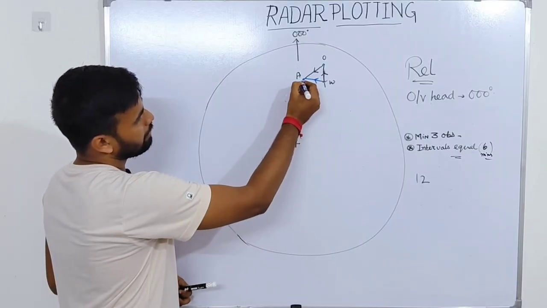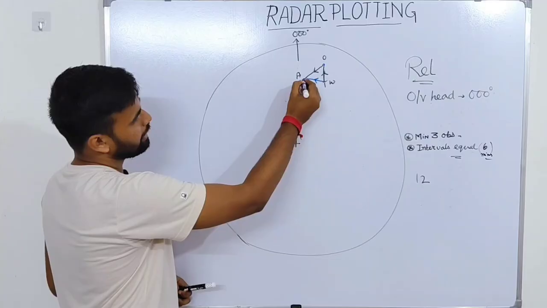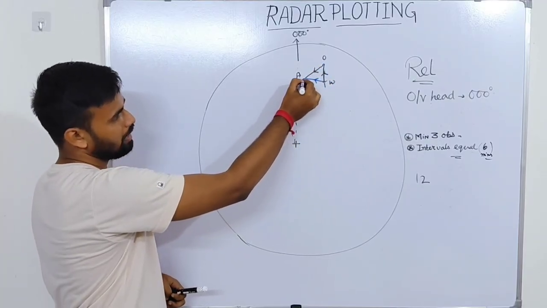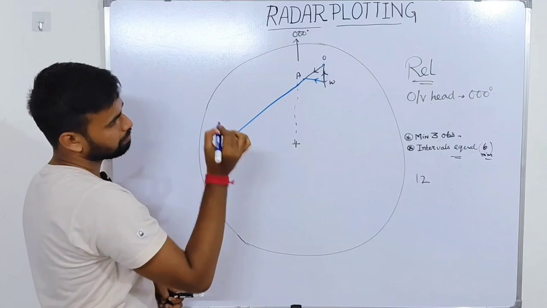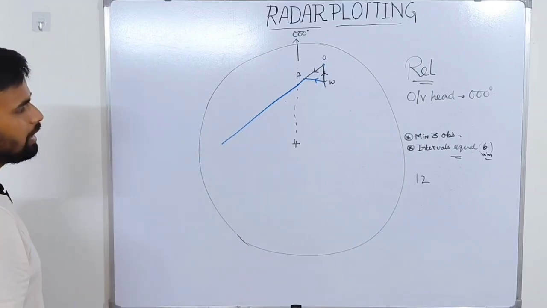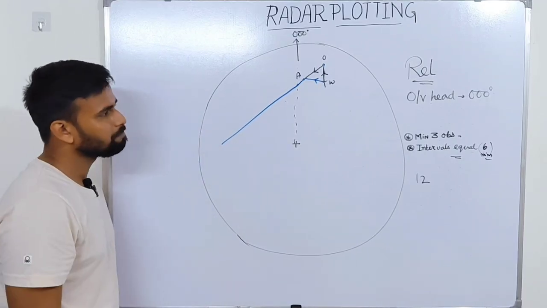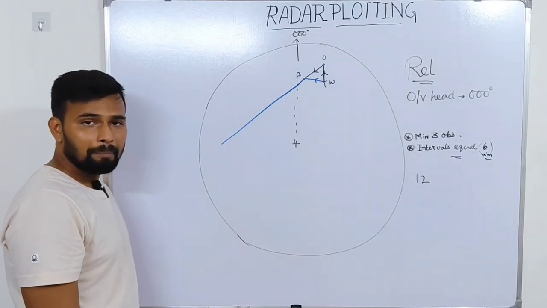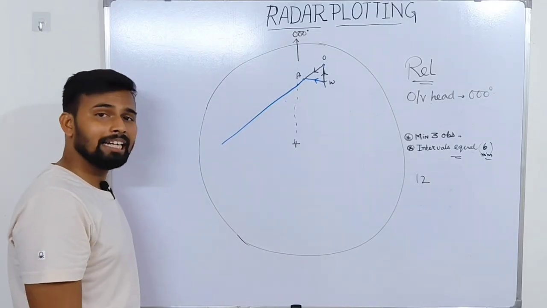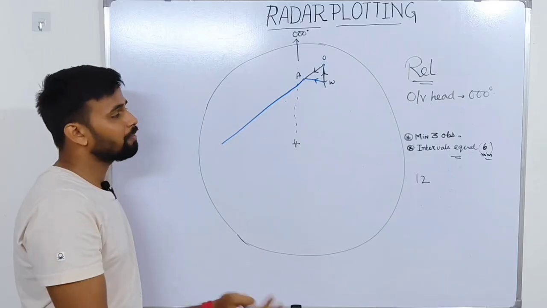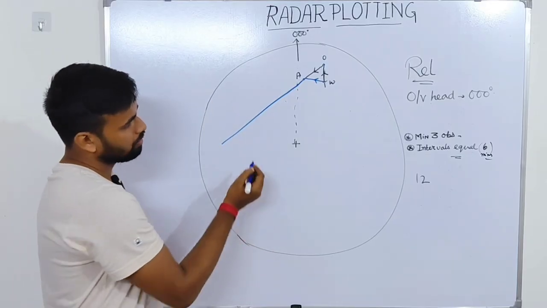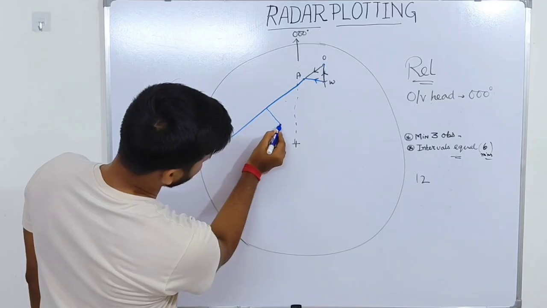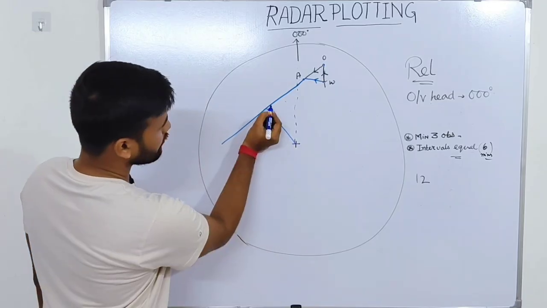Now we'll do the extended part, that is to find the CPA and TCPA. For that, we extend this OA line more. So if you see, it's coming like this. And for finding the CPA, we draw a perpendicular on the extended part of OA from the center of the radar screen. This is 90°.